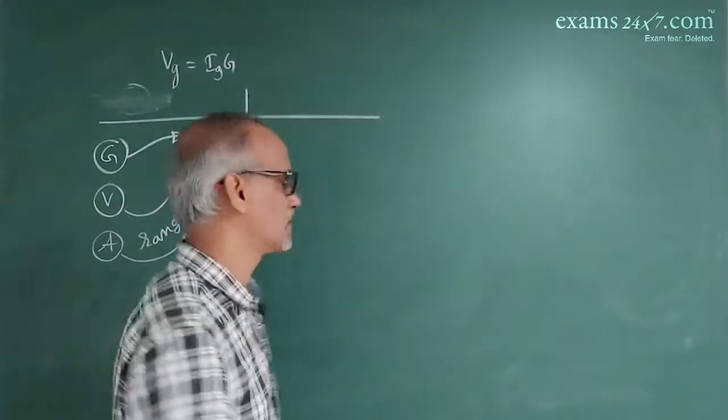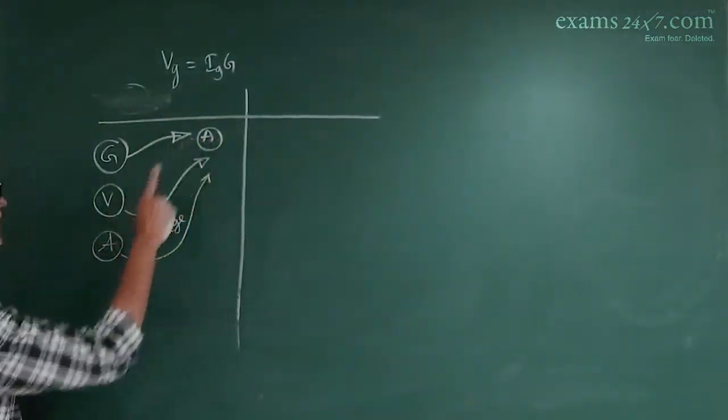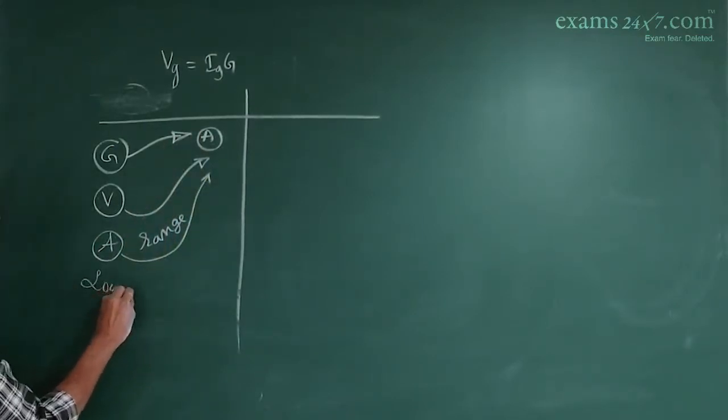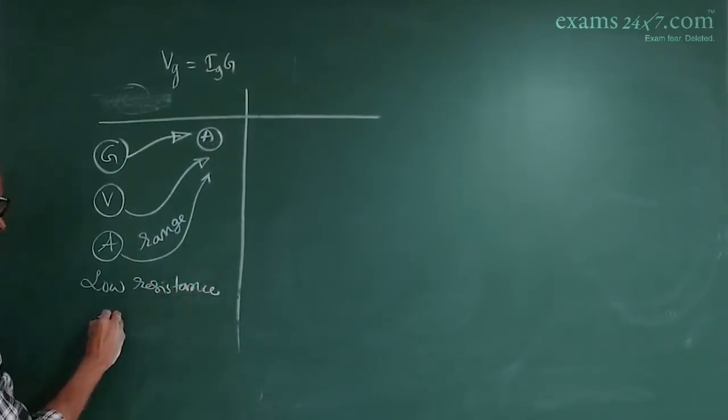And for all these three changes, galvanometer to ammeter, voltmeter to ammeter, increasing the range of the ammeter, we have to connect a low resistance in parallel.